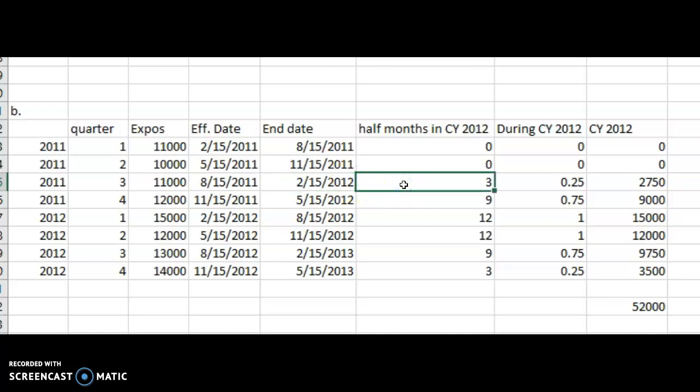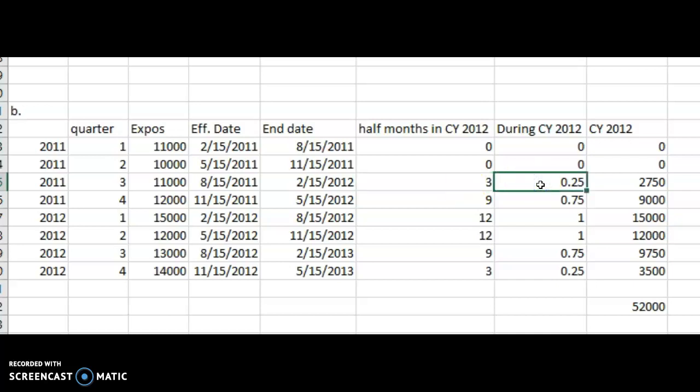Next, the end date for the third policy is February 15, which is 1.5 months. If we use half month as a unit, we have 3 units. Since this is a 6 month policy, we divide it by 12, because we have 12 half months for one policy.